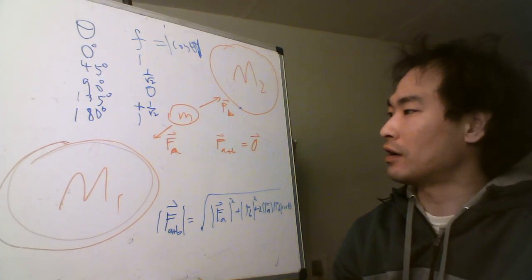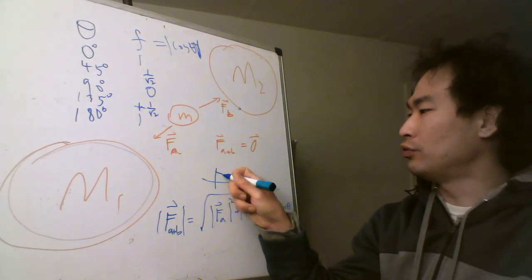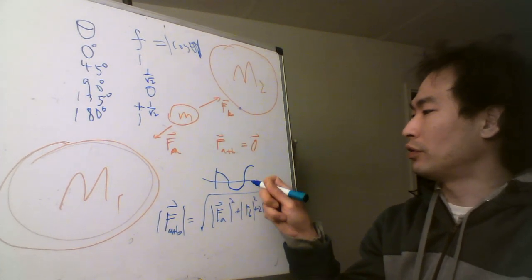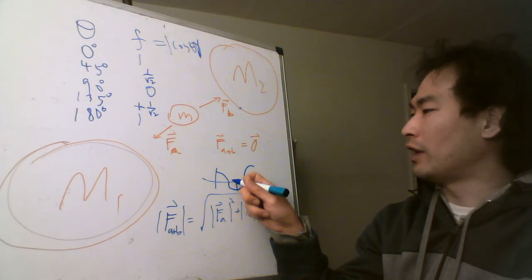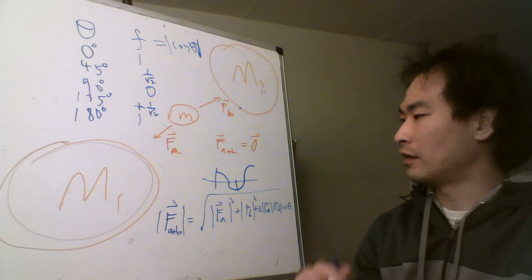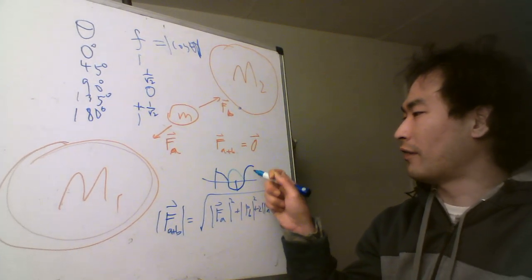Cosine theta goes like this, okay? It's 180 degrees. So the absolute value of that is like a fence.